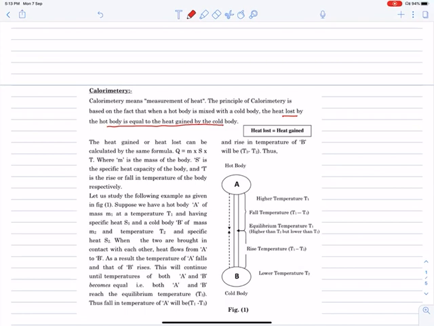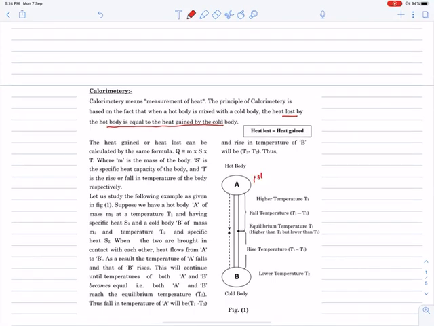Let me define this as the first body and this as the second. The first is at higher temperature, let it be T1. The second is at low temperature, let it be T2.